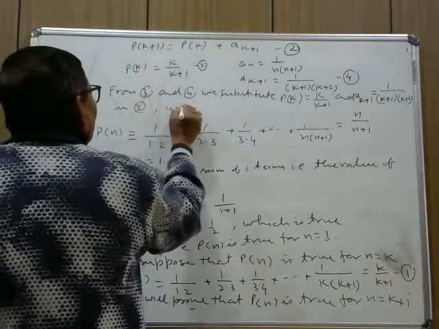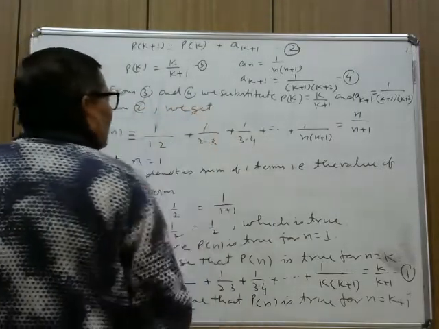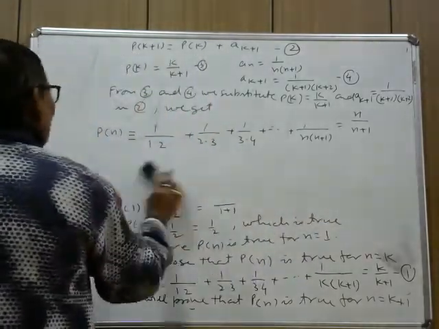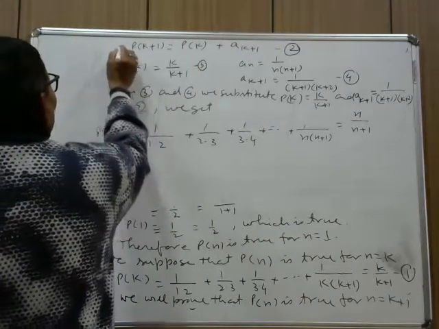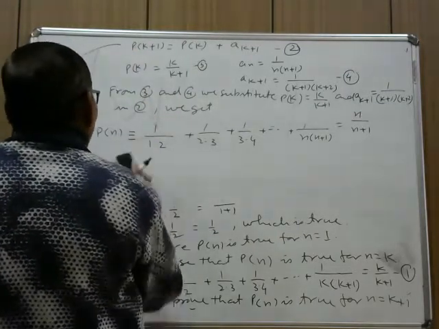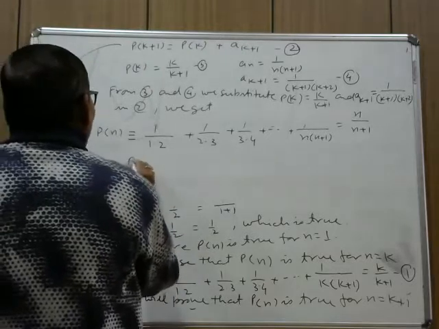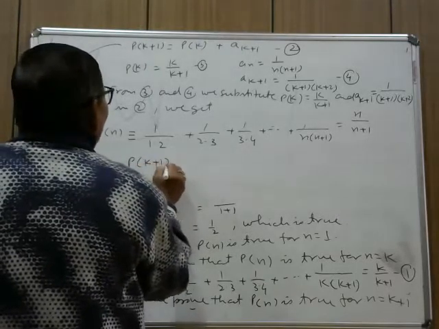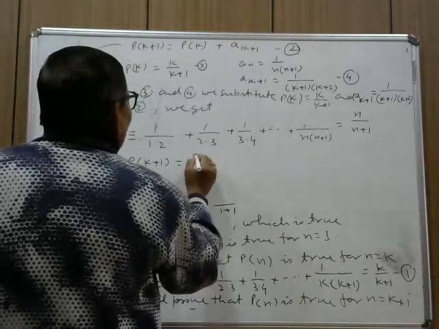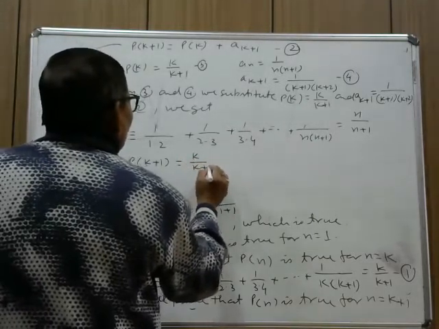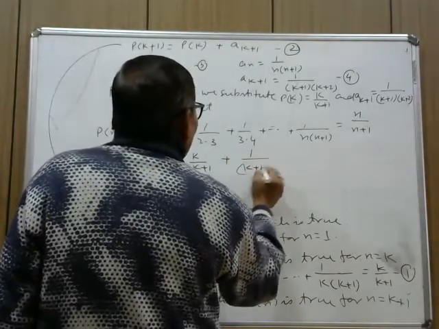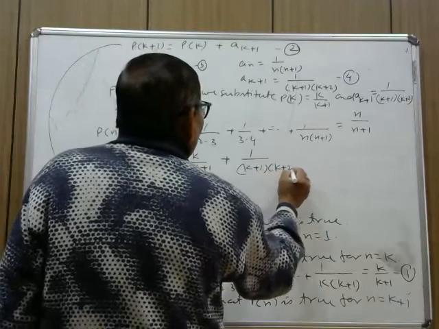We get, what we get? You can write this step as Pk plus 1 equal to k upon k plus 1 plus 1 upon k plus 1 into k plus 2.